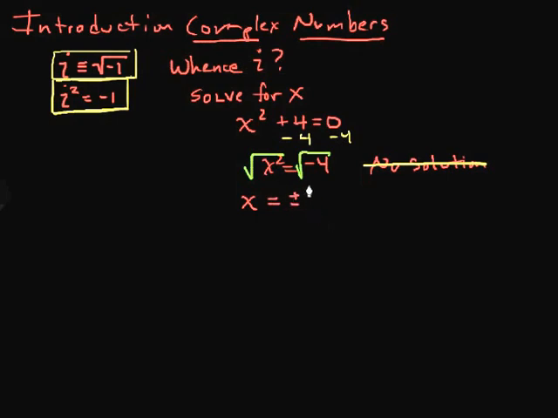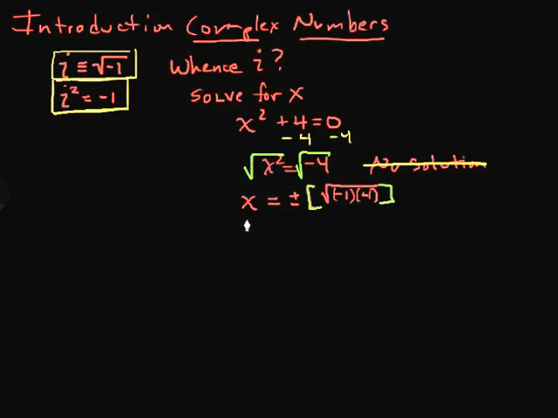So I'm just going to write positive and negative, and then I'm going to simplify the square root of negative 4. So this is equal to the square root of negative 1 times 4. All I did was write negative 4 as the square root of negative 1 times 4 inside the square root.